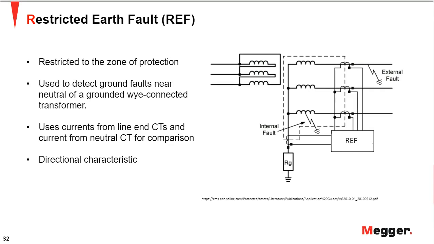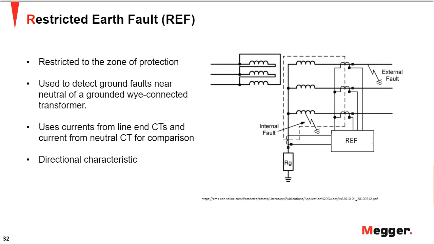So it's basically like a directional overcurrent function that is used for this particular implementation. Since it's a ground fault, it is comparing the zero sequence currents on both sides. And then based on a set point, it's going to either trip, deciding it's an internal fault, or if it's an external fault, it's not going to trip, right?